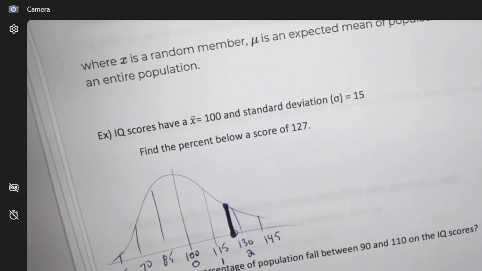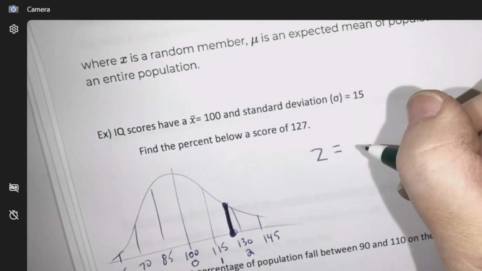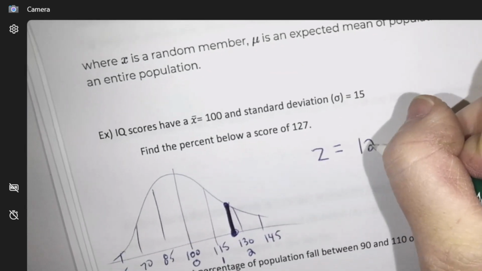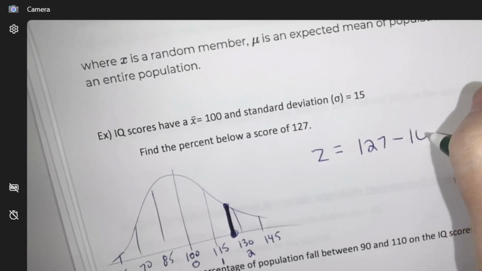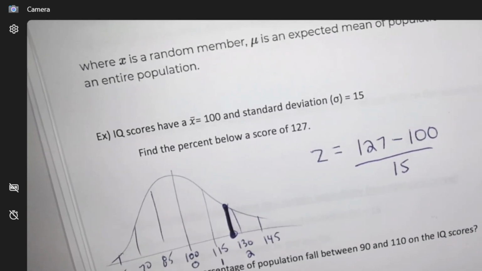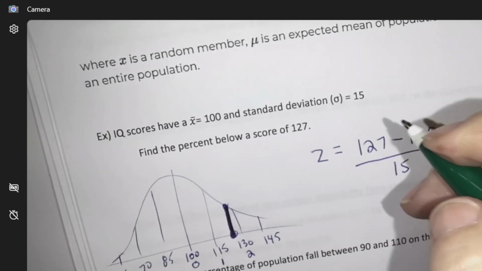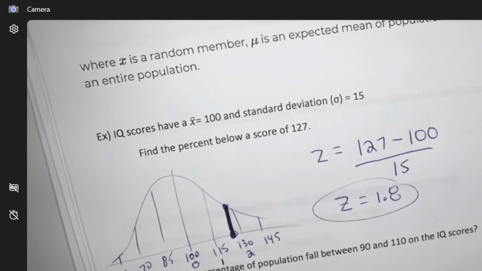So we're guessing our z-score is going to be like a 1.8 or something like that, okay? So let's use the formula. Z equals my score, 127, subtract the mean, 100, over the standard, 15. And there we go. We had a good prediction. We predicted 1.8 was the z-score.